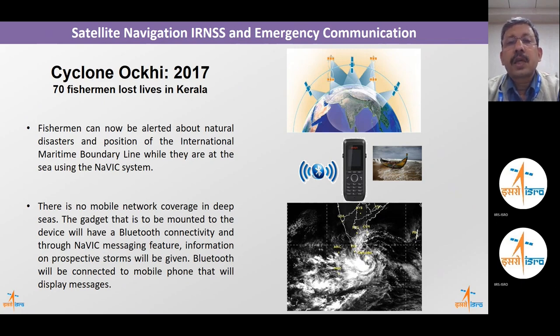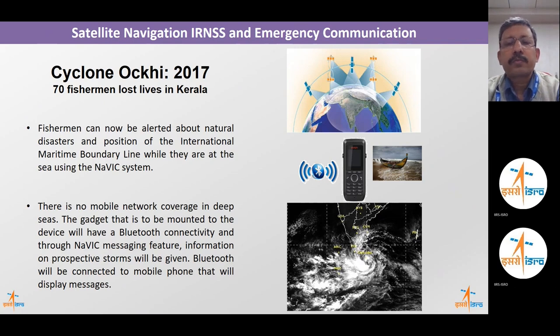So we had a channel in our IRNSS satellite system, which consists of 3 geostationary satellites and 4 elliptical orbit satellites. One of the geostationary satellites could provide an SMS communication.